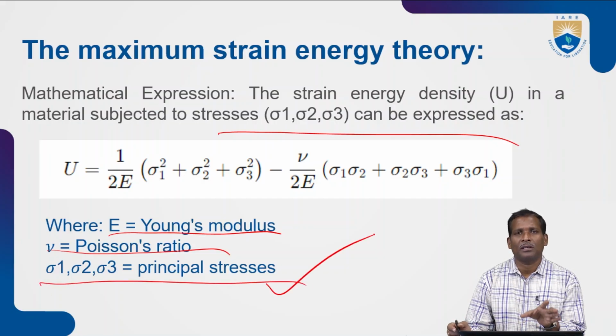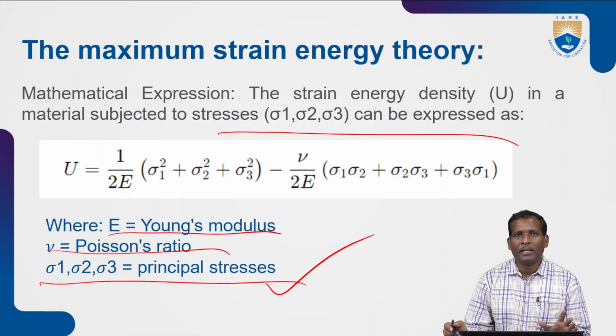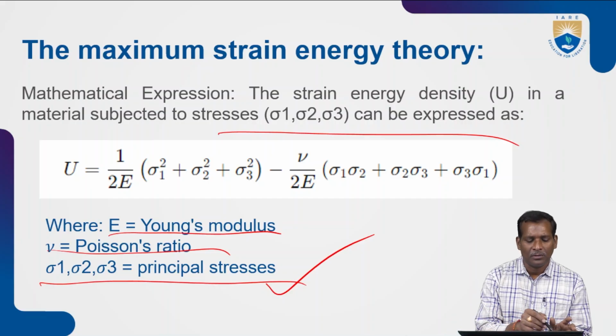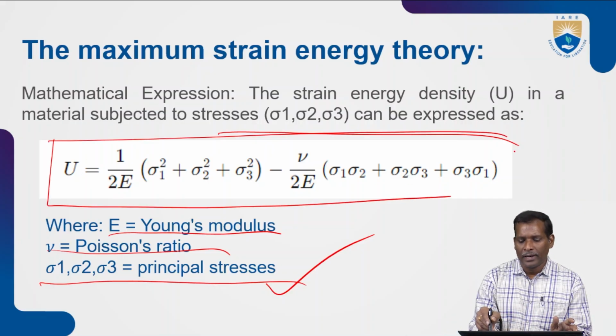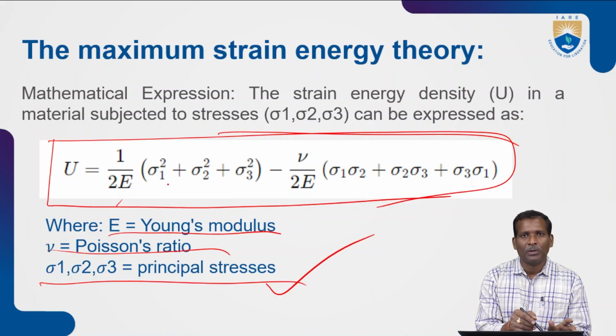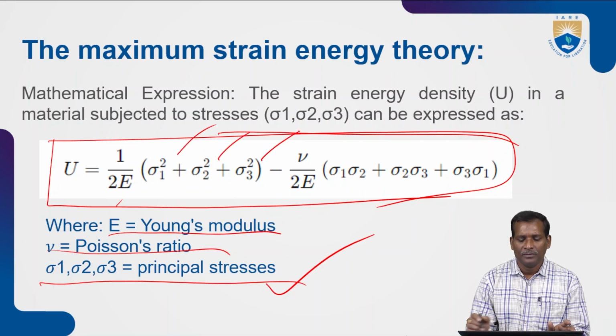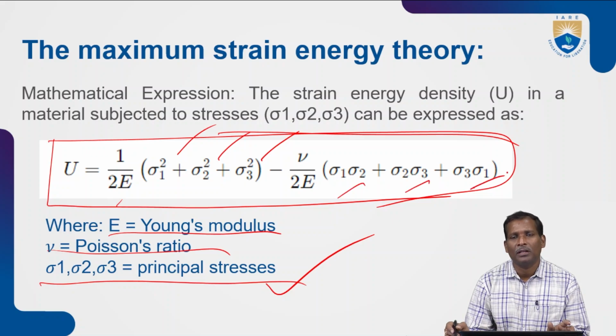Principal stresses we have already discussed. So you can write: U is equal to, that is the strain energy density, 1 by 2E multiplied by (sigma 1 square plus sigma 2 square plus sigma 3 square), minus mu by 2E times (sigma 1 sigma 2 plus sigma 2 sigma 3 plus sigma 3 sigma 1).